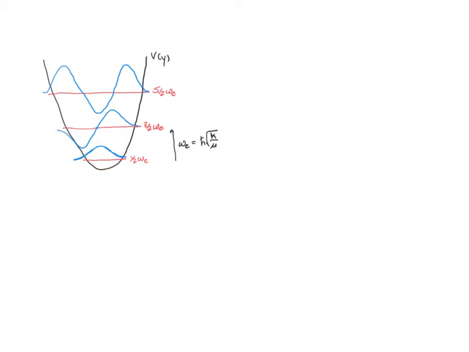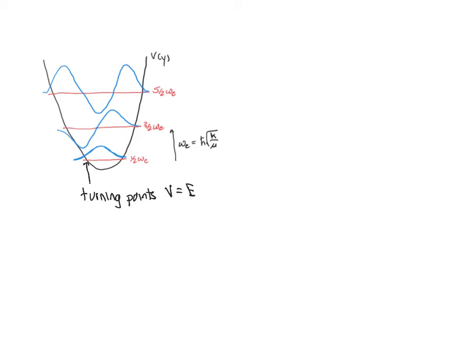Those are called the turning points of the classical motion. So turning points are where the potential energy equals the total energy.